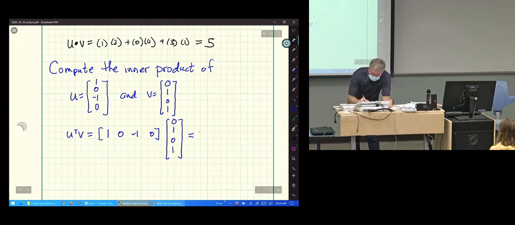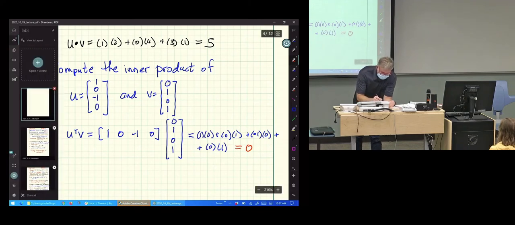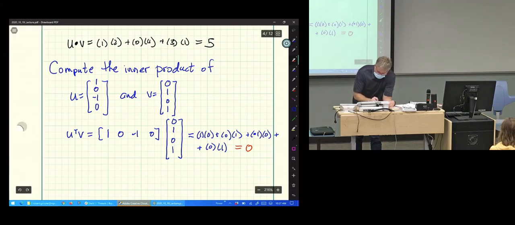So here, first components multiplied, second components multiplied, third components multiplied, fourth components multiplied, and it all adds up to 0.